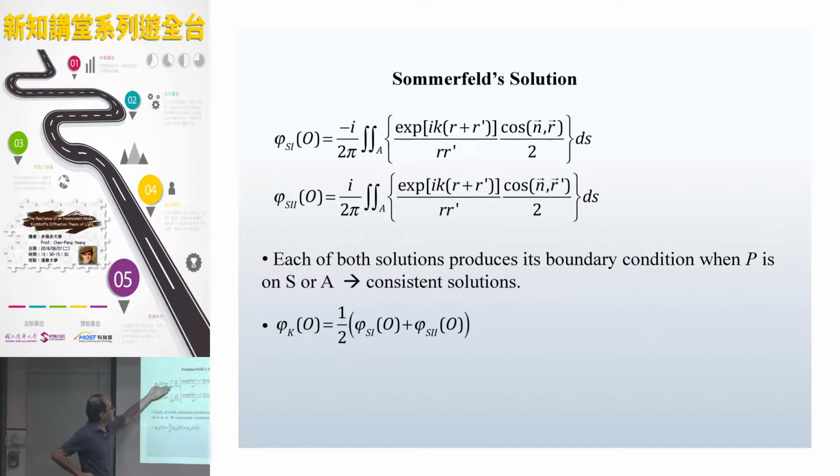And these two solutions are consistent with respect to their boundary conditions, because if you check, you can find this one vanishes on the surfaces S and A, and this one's spatial derivative over n vanishes on S and A, right? So they are consistent with their boundary conditions.